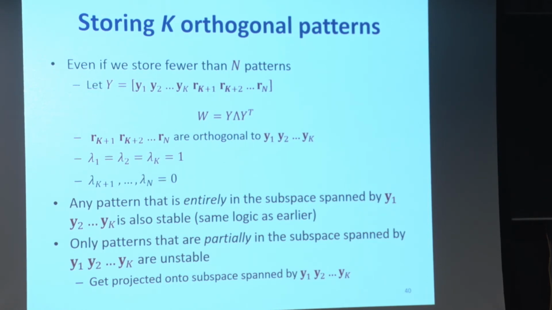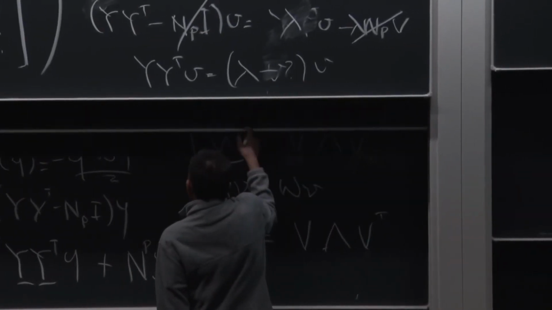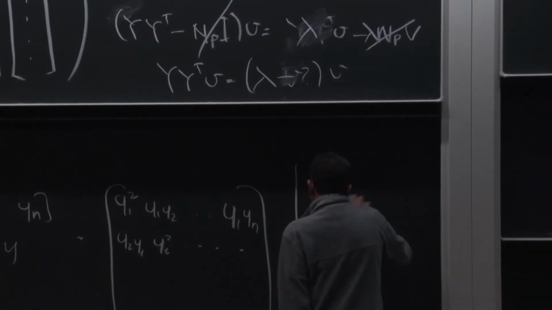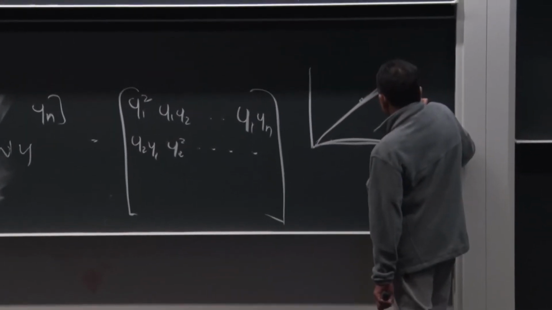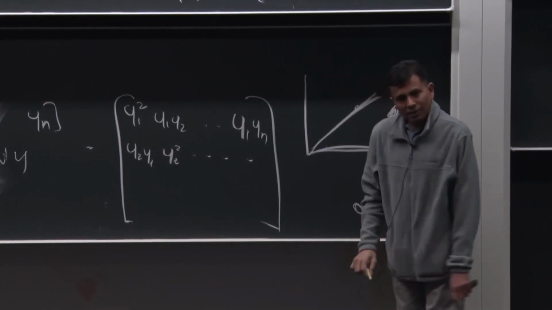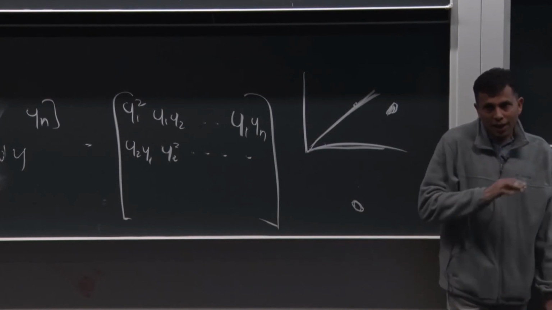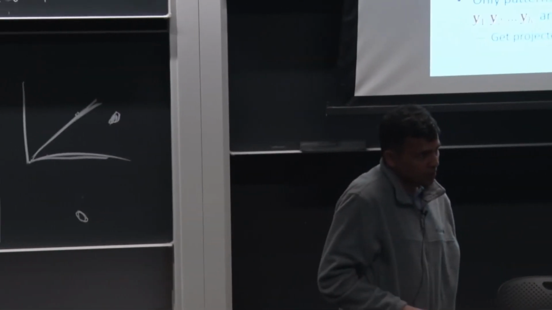So what we are saying is, in 3 dimensions, let's say I'm only trying to store these 2 guys. So I'm not using the 3rd dimension at all. I'm only storing 2 patterns, which means that the 2 patterns are going to span a 2-dimensional subspace.